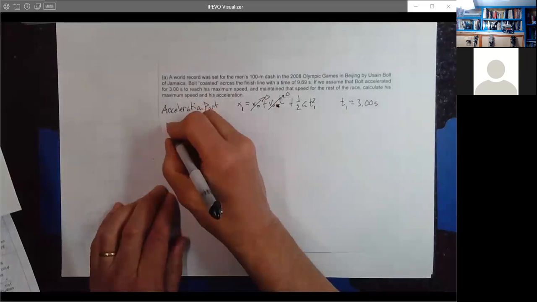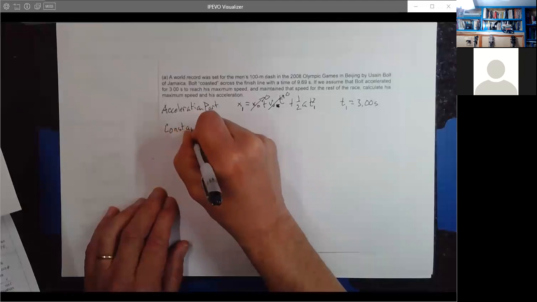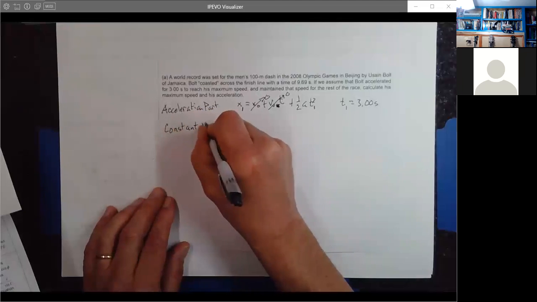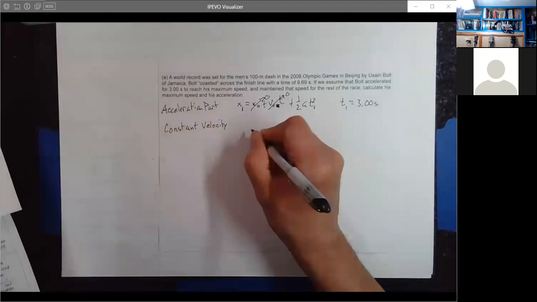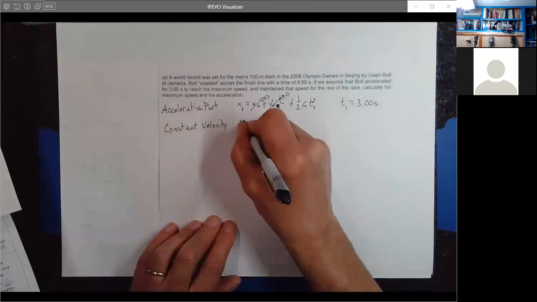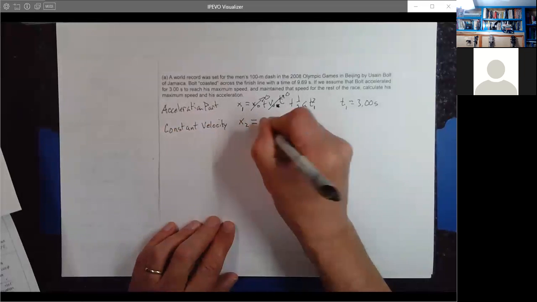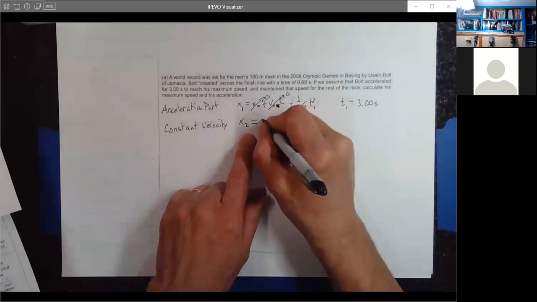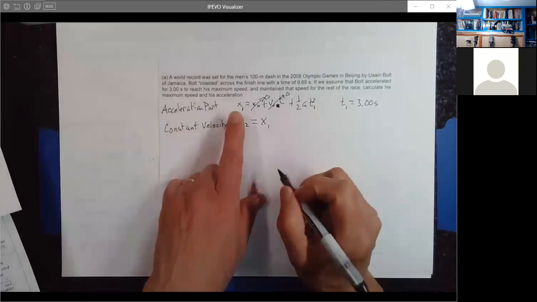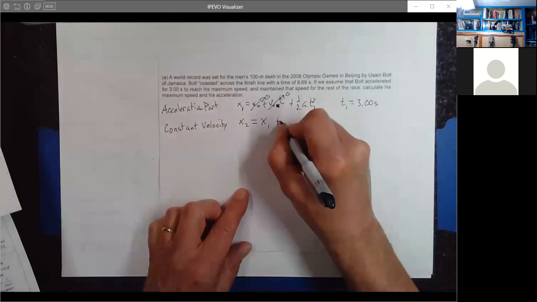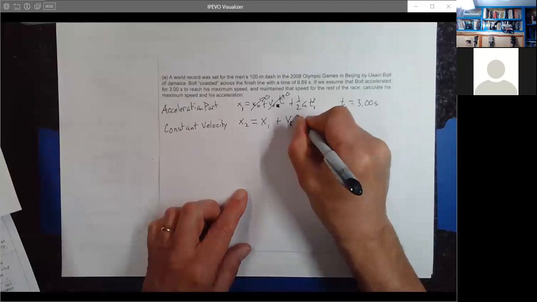Then we've got the constant velocity part. And for that, I'm going to call x2 the position at the final part of this, and that will equal x1, how far he had traveled during this part, plus that final velocity times t.